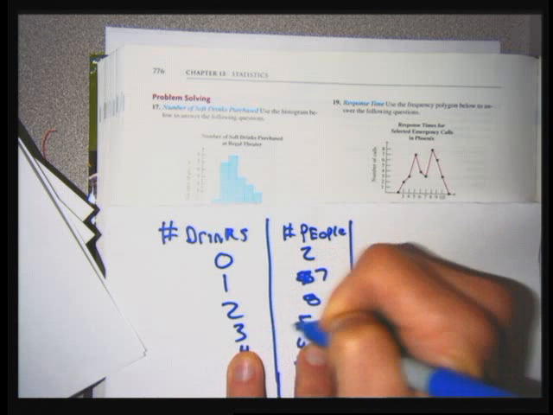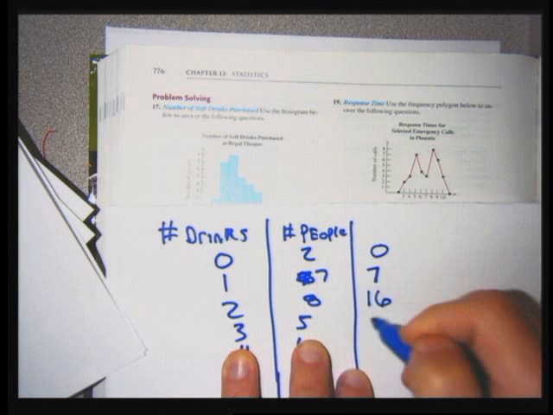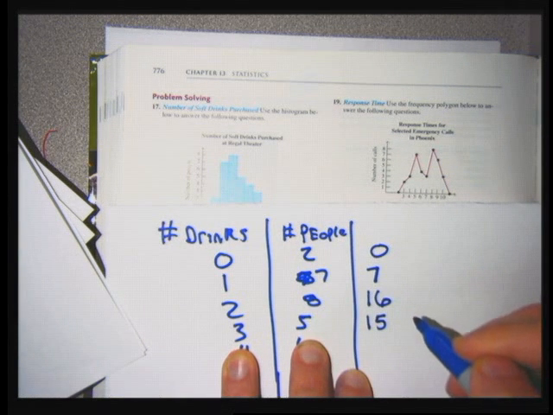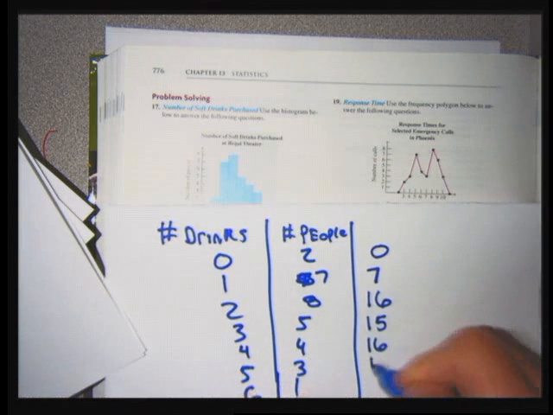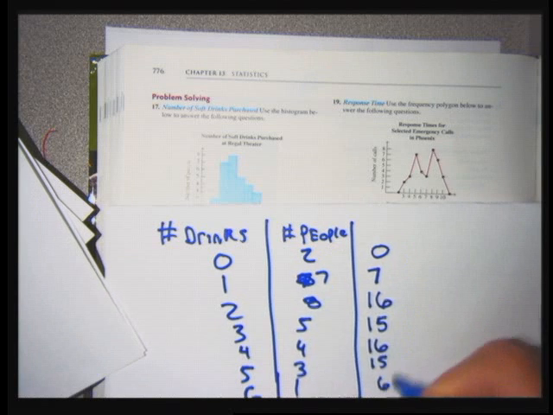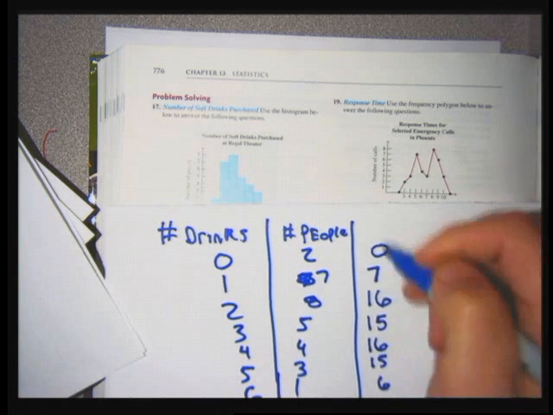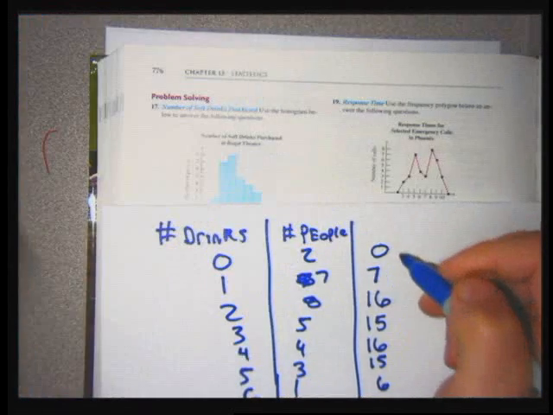5 people bought 3 drinks. So if I take each of the 5 people, multiply by the 3 drinks that they bought, those 5 people purchased 15 drinks. Then 4 times 4 is 16, 3 times 5 is 15, 1 times 6 is 6. So this is the number of drinks total. If I add these up, 0 plus 7 is 7. This is calculator worthy, so let me break my calculator out.